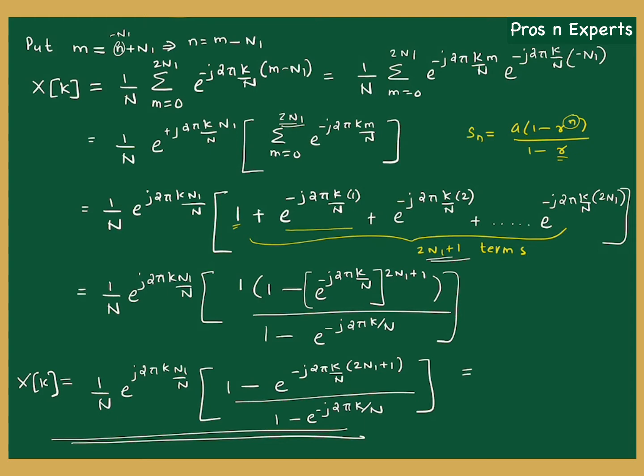If you want, I can write the final answer as 1 by n sine 2 pi k into what comes in the bracket, n1 plus half by n, in the argument it will be n1 plus half by n, whole divided by the denominator sine pi k by n for k not equal to 0. If you want to evaluate it for k equal to 0, you have to use L'Hospital's rule, because putting k equal to 0 in the numerator and denominator will give you a 0 by 0 form.